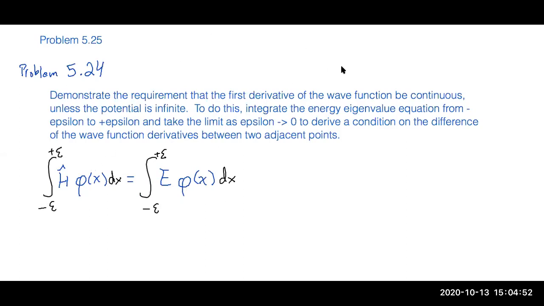Now, I remember that the Hamiltonian operator, H, is minus h bar squared over 2m, the second derivative with respect to x, plus the potential V of x. So let's plug these in, and we're going to move to the next page here.